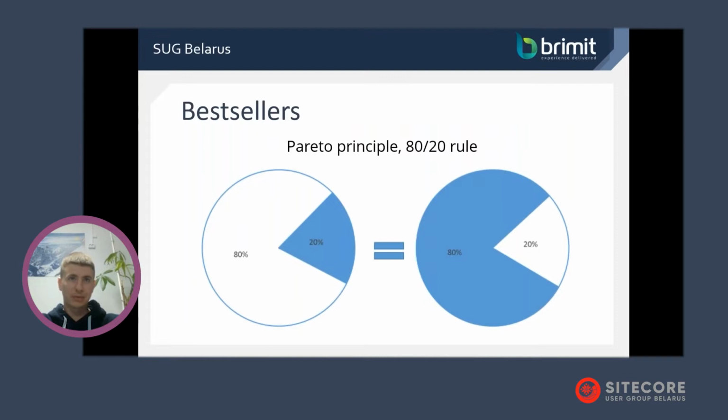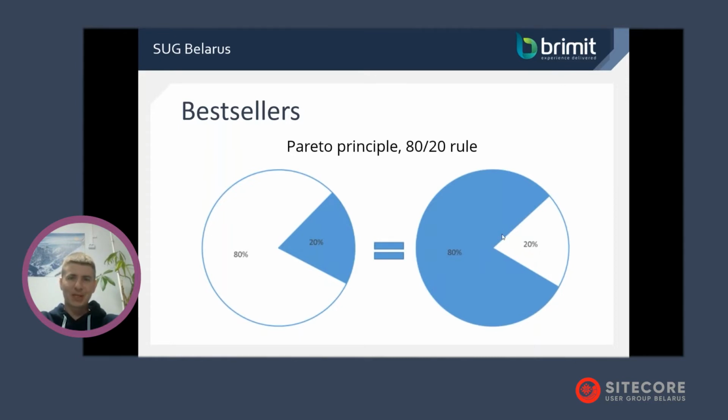But in the real world, bestsellers recommendations have a very high ROI. There is the 80-20 rule, also known as the Pareto principle. It states that for many events, 80% of effects come from 20% of causes.